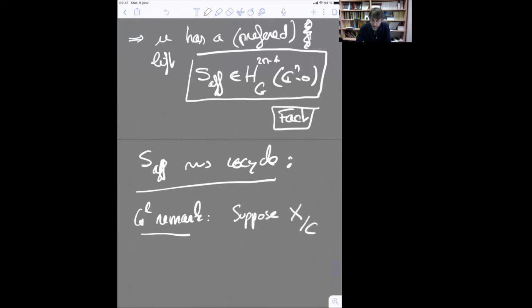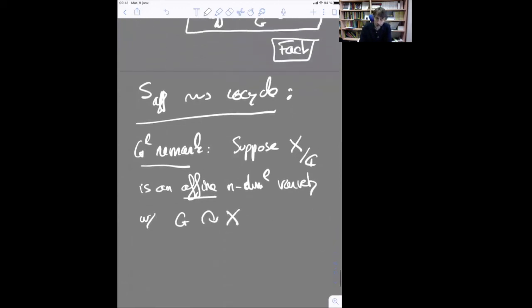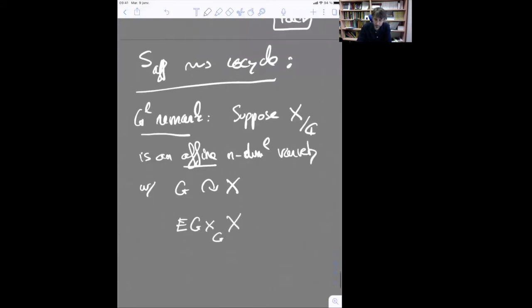Suppose X over C is an affine n-dimensional variety with an action of G on this variety. Again, we can consider the fibration EG cross G X over BG.